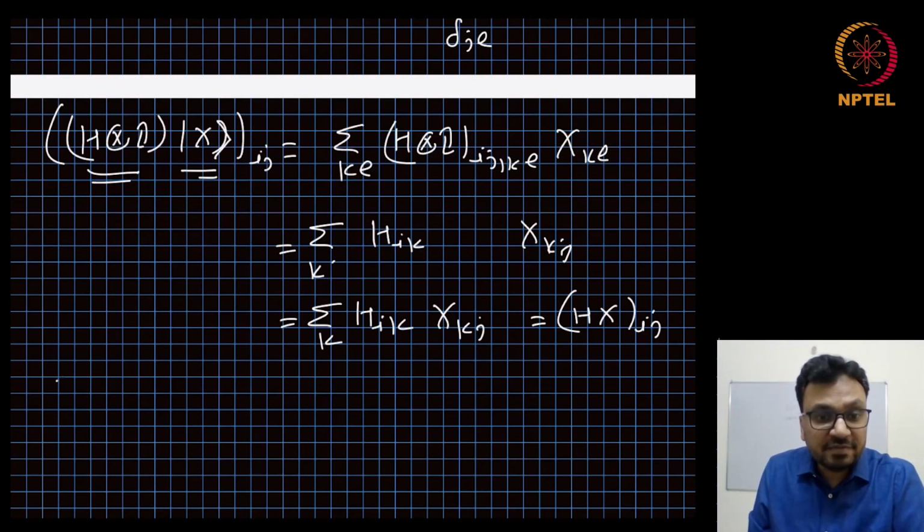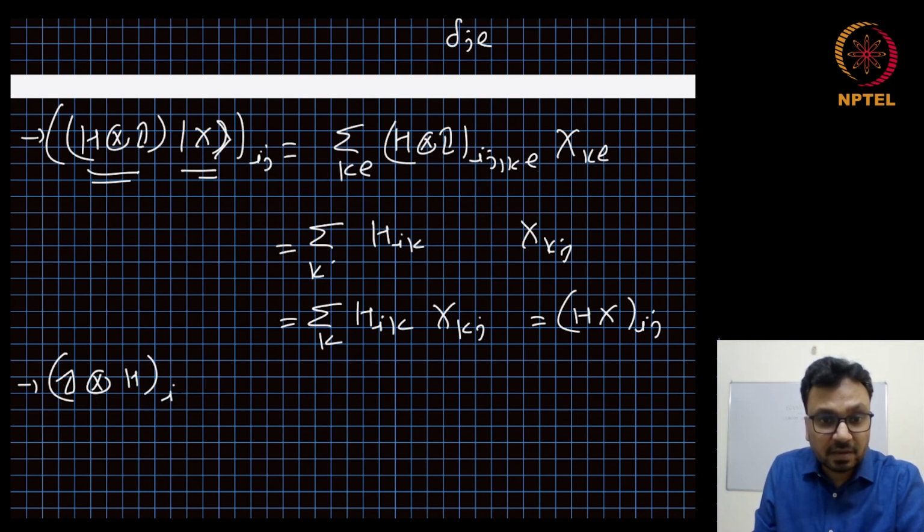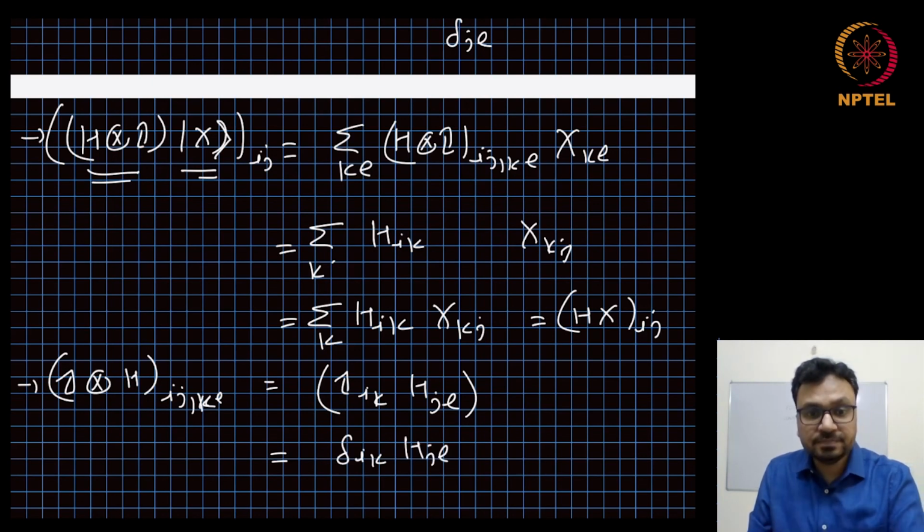Similarly, if we have identity tensor, so this was one thing, this is another identity tensor H, whose ijkl element will be I_ik H_jl, and this is delta_ik H_jl.